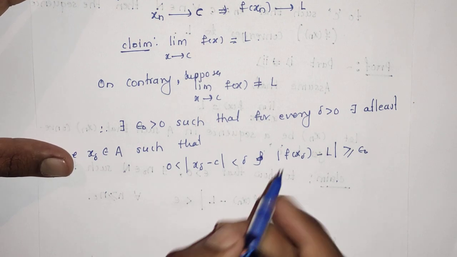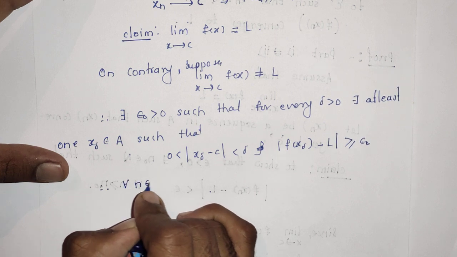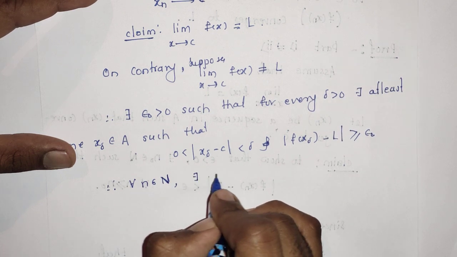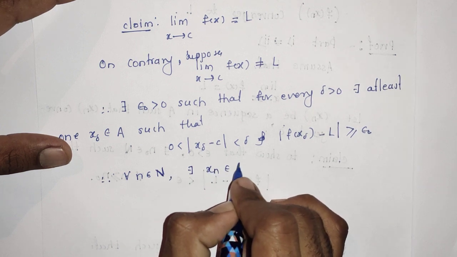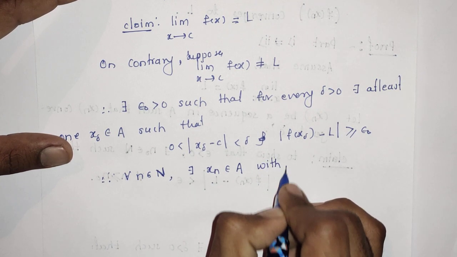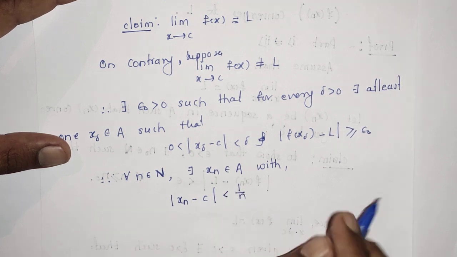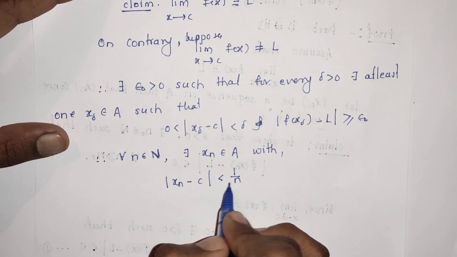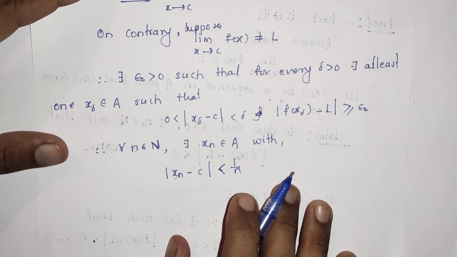This is the contrary definition to the existence of limit. Therefore, for all n belongs to the set of natural numbers, there exists some xn belonging to set A with mod of xn minus C less than 1 by n. This is the first condition for the limit.